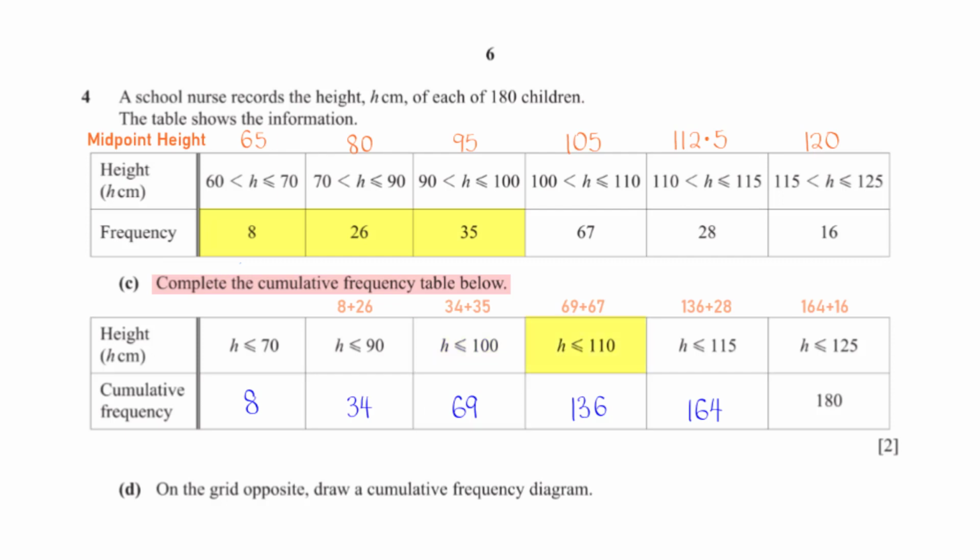For age less than or equal to 110, it is 69 plus 67, which is 136. For age less than or equal to 115, it is 136 plus 28, which is 164.